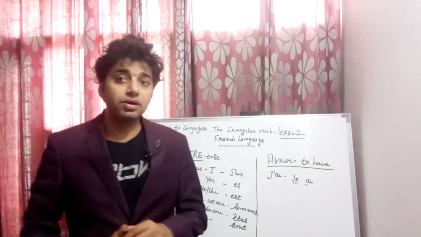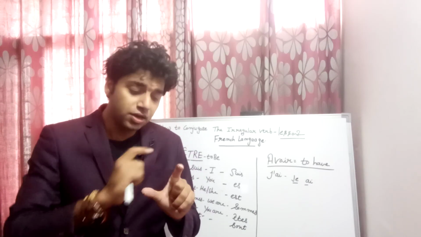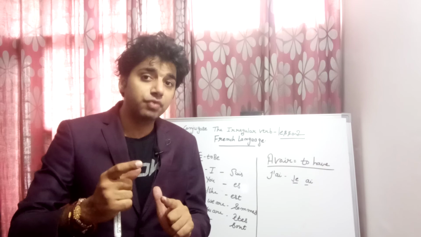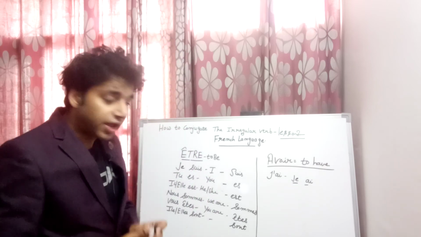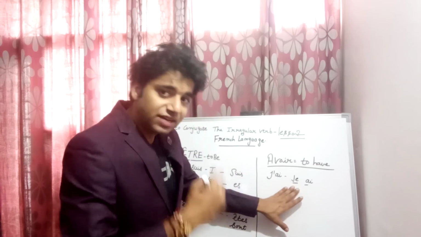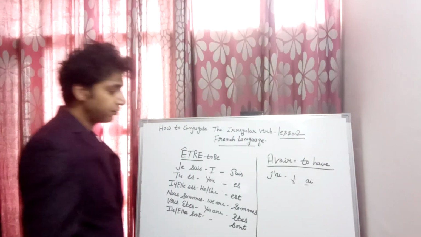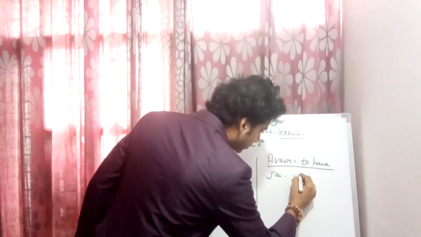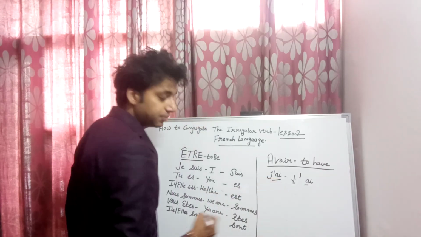I'm repeating one more time. If any of your words ends with a vowel and the next word starts with a vowel, you have to eliminate the first vowel. This is a rule of French language. So your vowel is converted into an apostrophe. So that was the reason, that is j'ai.